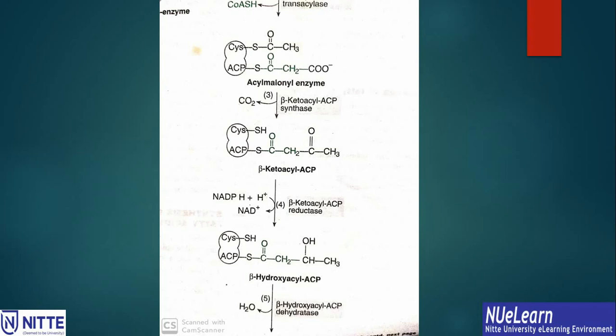This decarboxylation reaction is accompanied by loss of free energy, which allows the reaction to proceed forward. This reaction is catalyzed by beta-ketoacyl ACP synthase, as you can see on this slide.